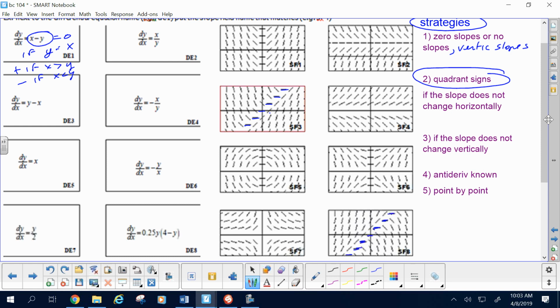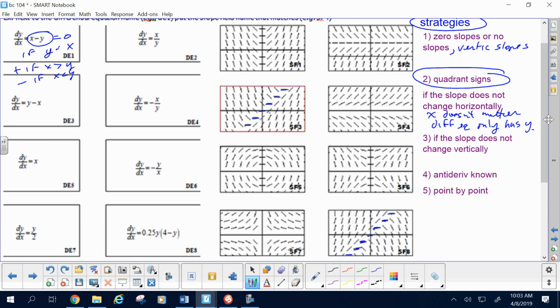Also, use horizontally or vertically. For example, if the slope does not change horizontally, then x doesn't matter. The differential equation only has y's in it. So look at slope field 2, for example. Wouldn't you agree that as I go side to side, all those slopes stay exactly the same?